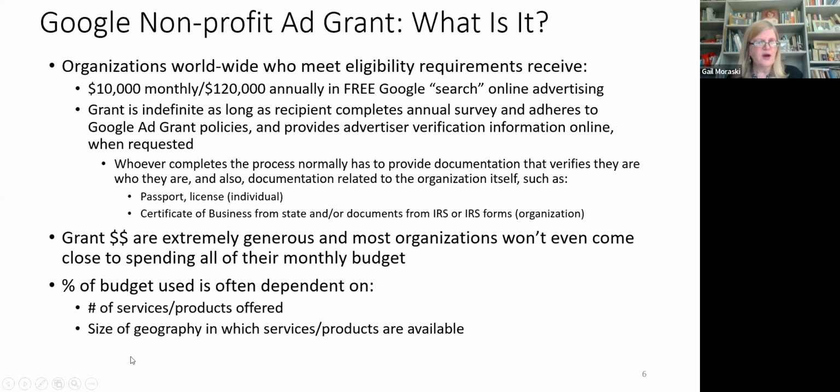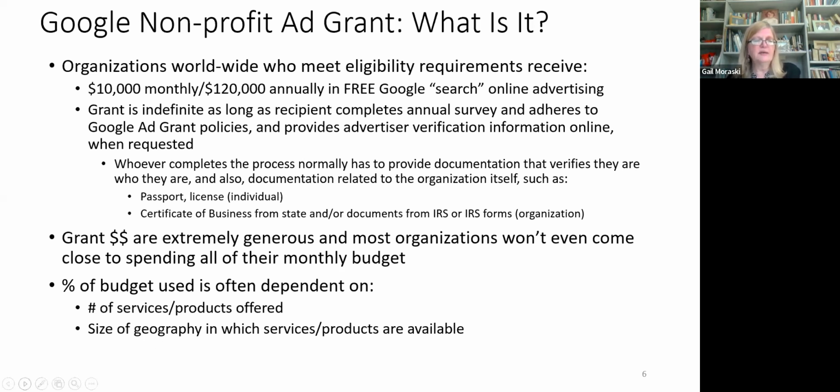So you just want to make sure that you're following all the guidelines from Google ads so that you maintain it. And then the percent of the budget that you end up using is usually dependent upon the number of services and products you offer and the number of pages on your website you want to drive traffic to, and also the size of your geography, because the smaller your geography, the fewer opportunities you're going to have to get your ads served up, because there's just fewer people searching, and your ads will only be served up to people either residing in your geography or expressing an interest somehow in your geography.